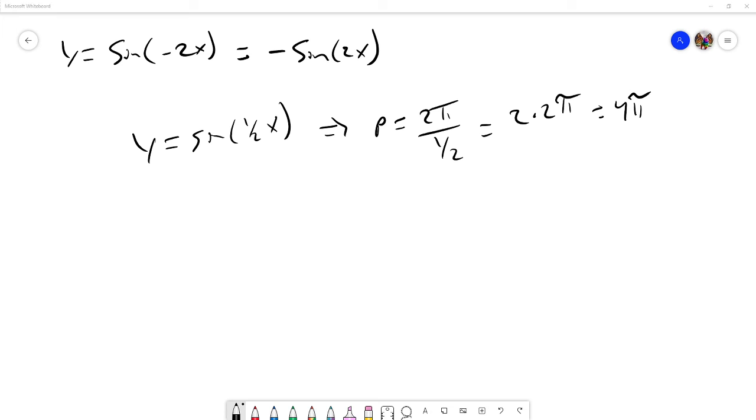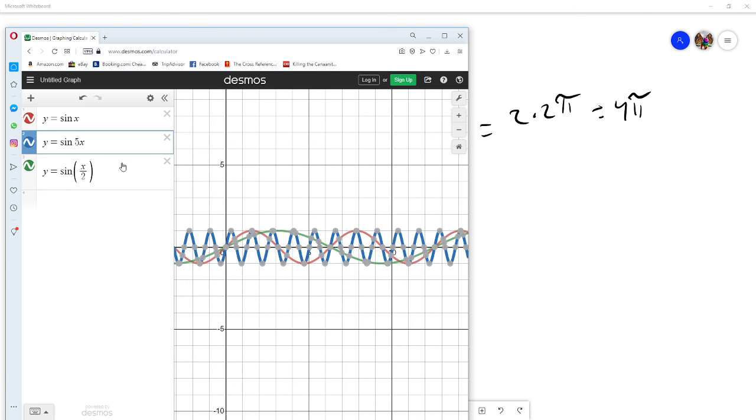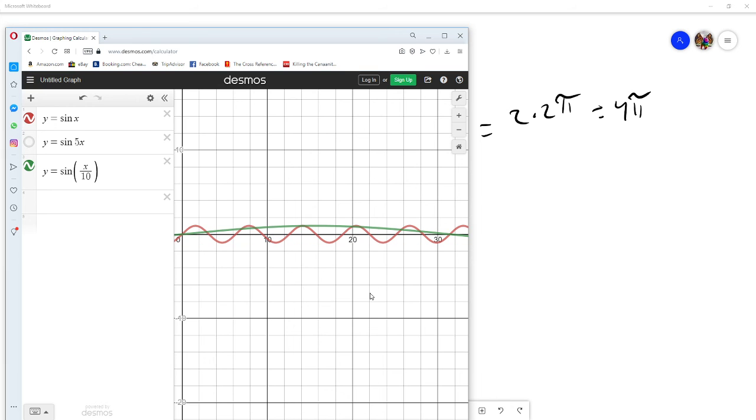And we can plot some other graphs just to get visuals. So let's change this to, say, 5. You can see how scrunched up that's getting, right? So our period would be 2 pi over 5, which we can see with the graph here. And we can, of course, extend this out much further, like if we had a 10 here instead.